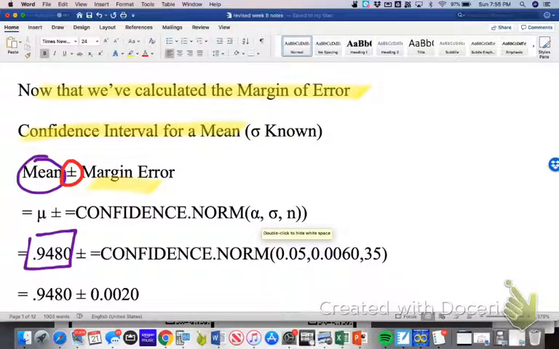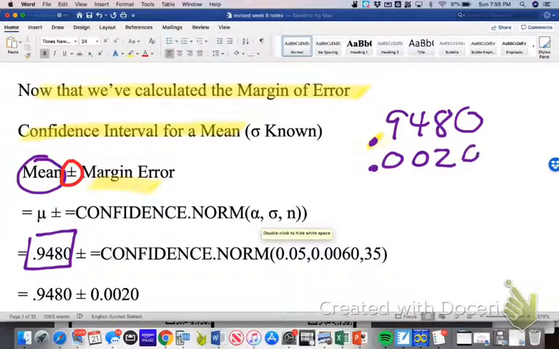So in other words, I need to take 0.9480, and I need to add that margin of error first. And that's going to be the upper level of my confidence interval.